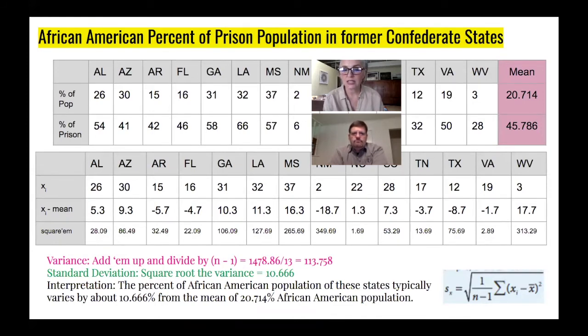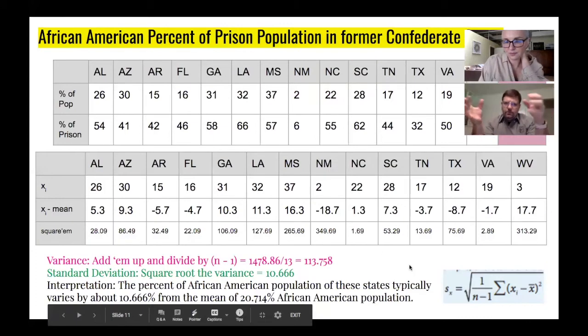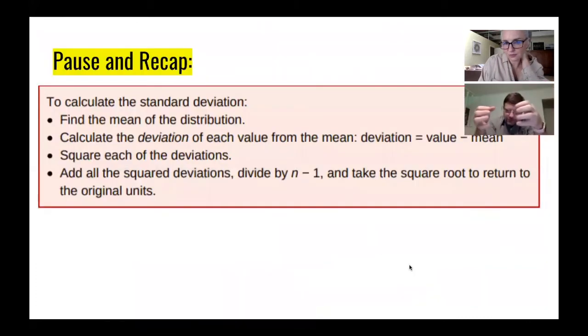When I ask you to interpret this, you're going to need to talk about what the standard deviation is, what the mean is, and what the relationship is between those two numbers. The bigger that number is, the more spread out the data is. The smaller the standard deviation, the more clustered or closer to the mean the data is. That's the meaning behind it, but we'll talk more about that later too.